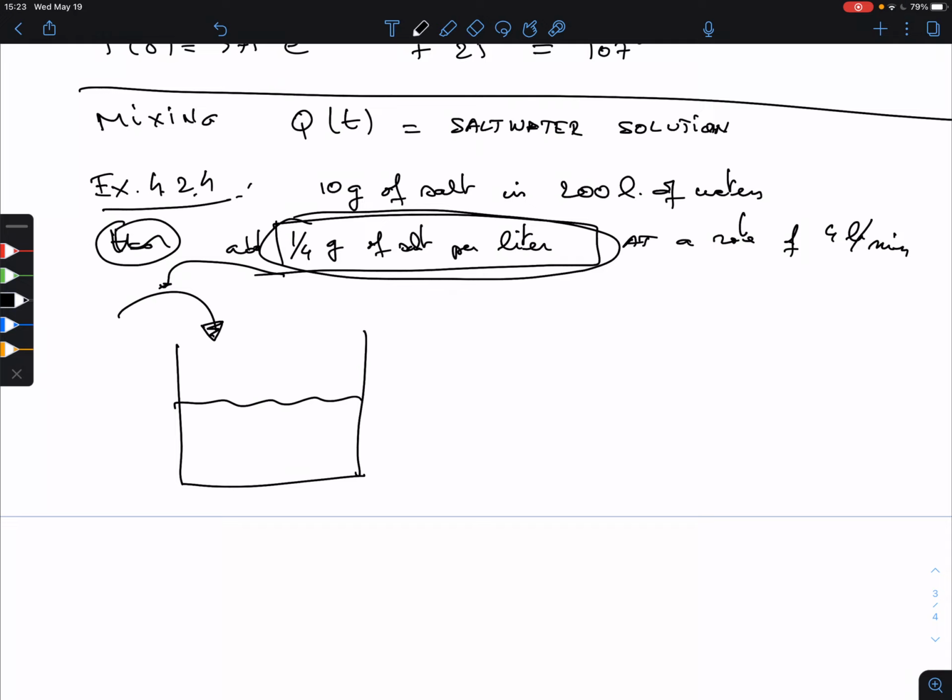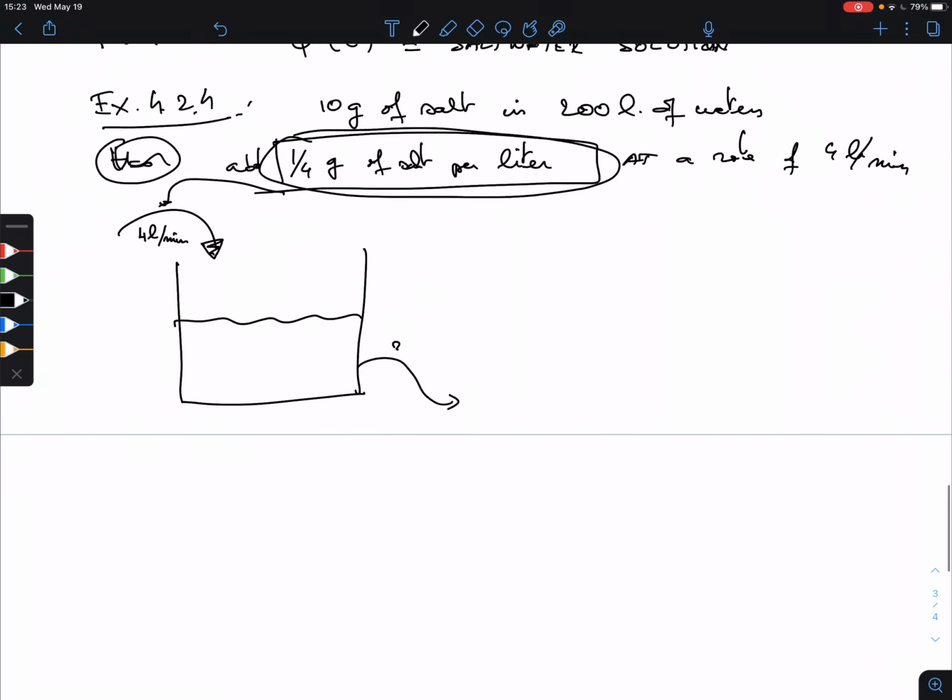But of course we are using this mixture for some purposes, so we are also taking some away here. It is being emptied at 2 liters per minute.